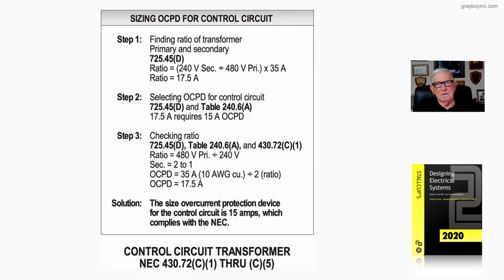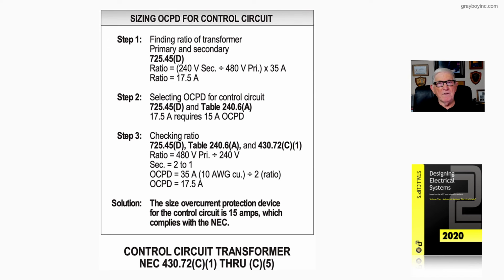Now, to check our ratio of 725.45(D) and 240.6(A), as well as table 240.6(A), along with 430.72(C)(1) for a control transformer on page 322 of the code, we would then take 480 and divide it by 240, 2 to 1.